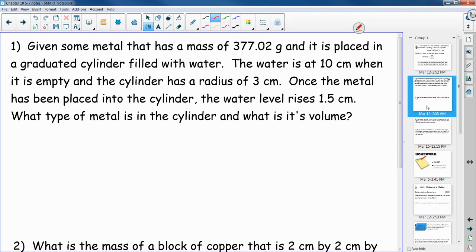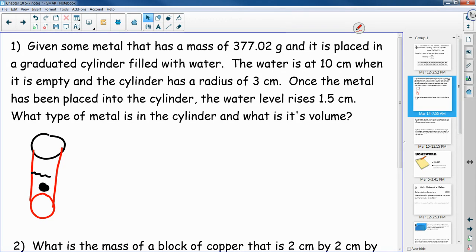Given our picture here, we have a cylinder, and we put an object in there. Our object looks like some shape like this. The original water level was at 10 centimeters.